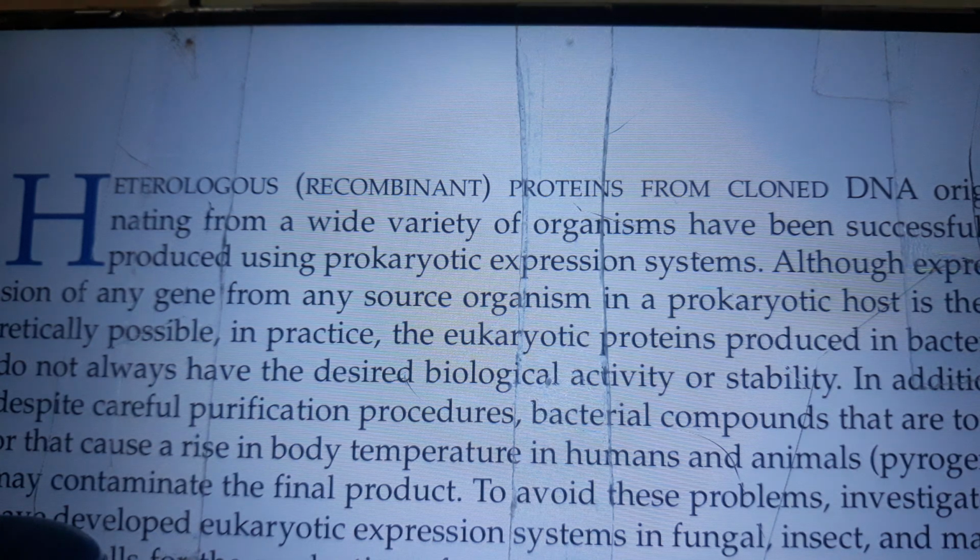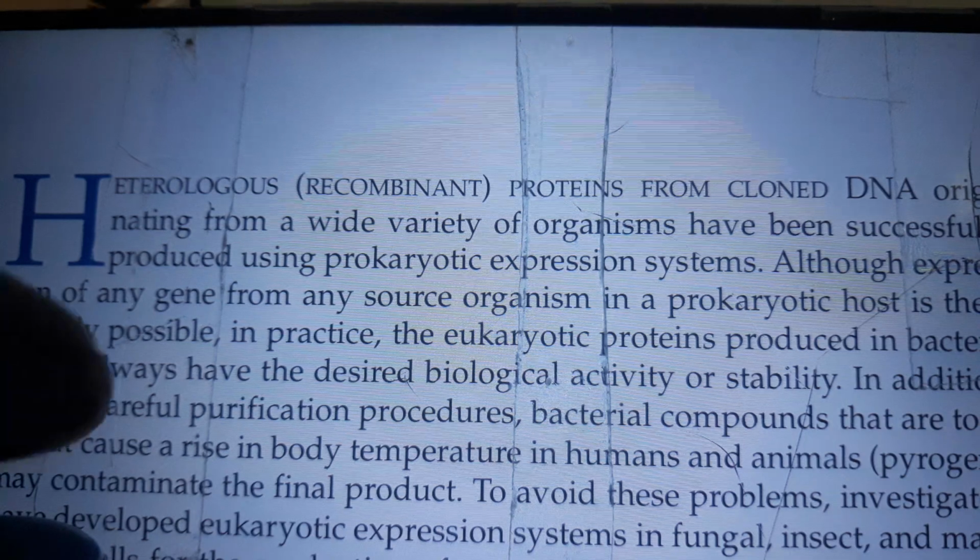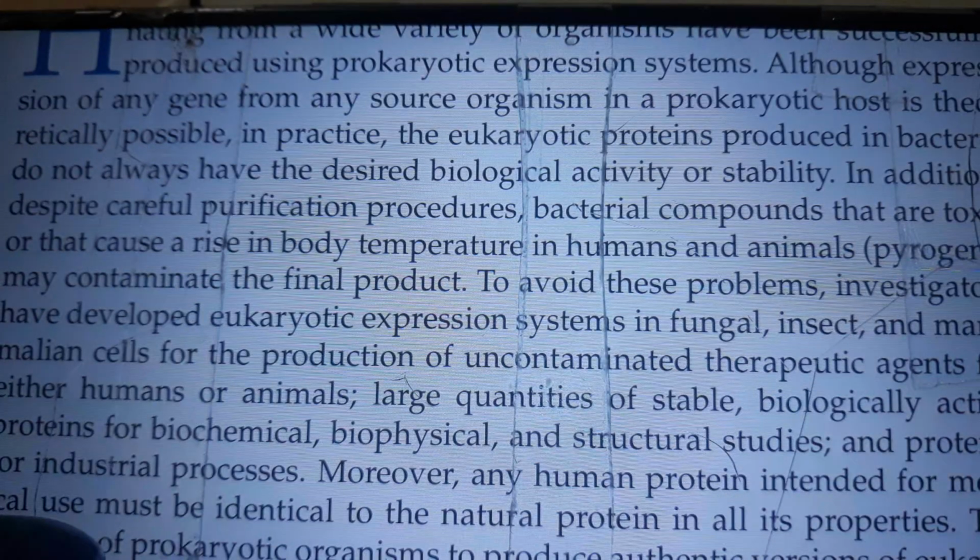In practice, the eukaryotic proteins produced in bacteria do not always have the desired biological activity or stability. In addition, despite careful purification procedures, bacterial compounds that are toxic or that cause a rise in body temperature in humans and animals, pyrogens, may contaminate the final product. To avoid these problems, investigators have developed eukaryotic expression systems in fungal, insect, and mammalian cells for the production of uncontaminated therapeutic agents for either humans or animals.